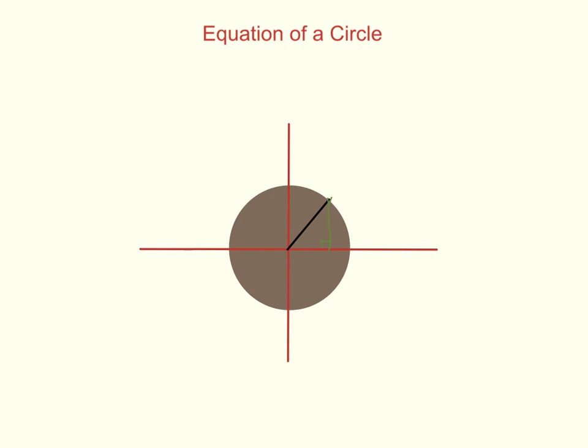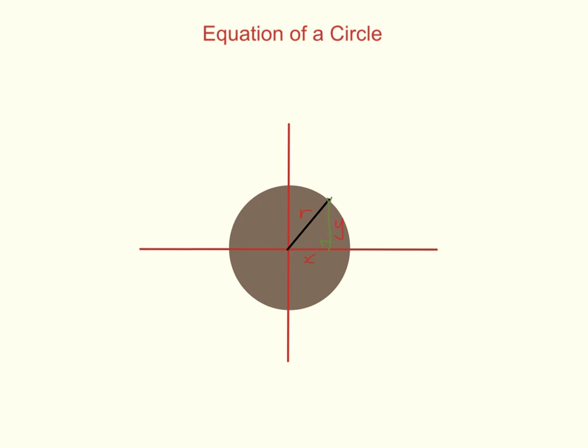This is my radius here, I'll call that R, which is just the length of this line here. This line has a y value, and this line has an x value, going from there to there. That's my y value and that's my x value.